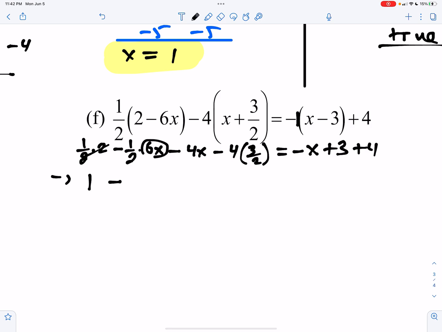Minus, and then over here we have 6x times 1 is 6x, divided by 2 is 3x, minus the 4x, minus, and here we're going to go -12 divided by 2, which is 6. And on the other side we have -x plus 3 plus 4, which would be -x plus 7.